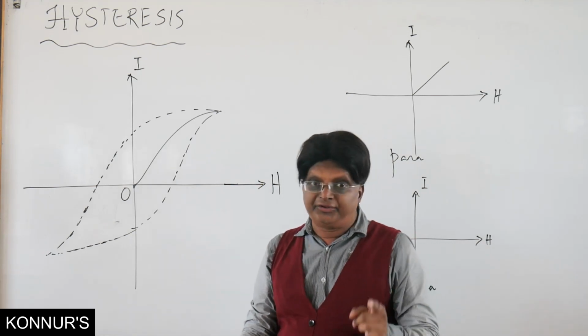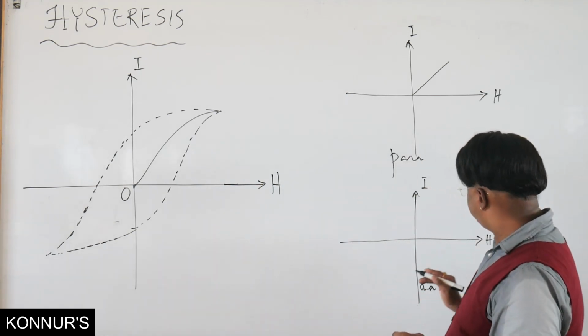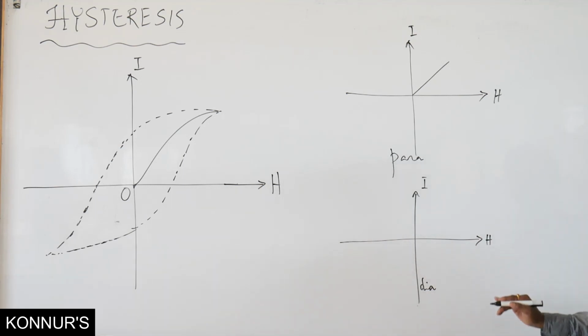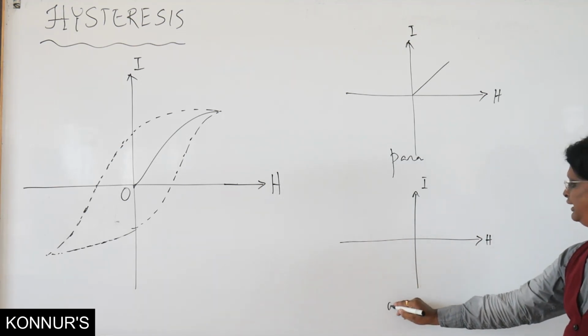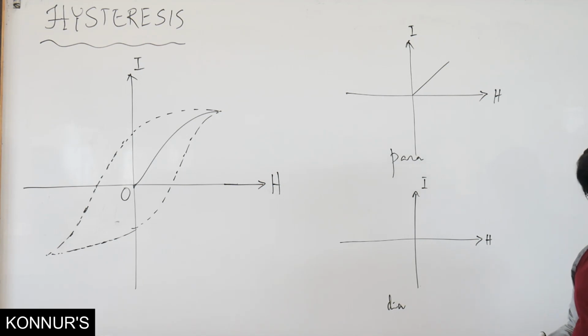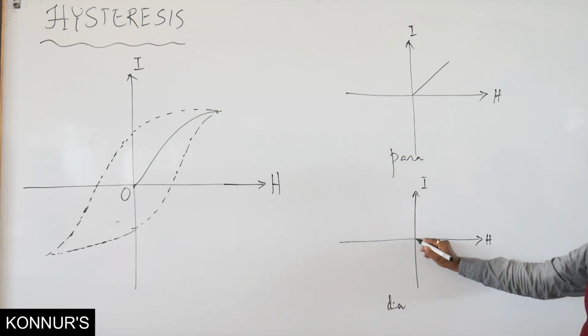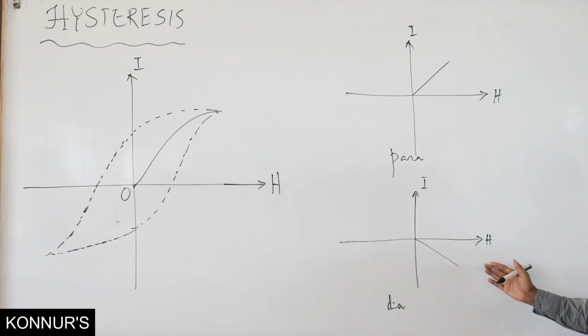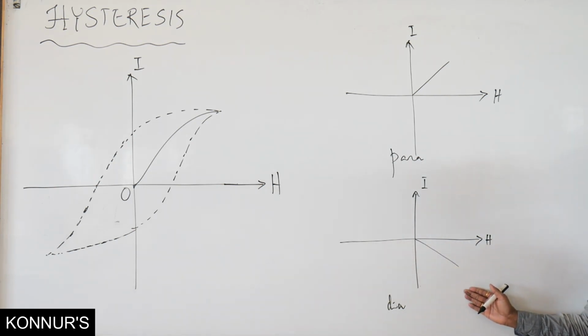That is the concept, and that is why when we are writing it for diamagnetic material, this graph is quite interesting. As I have told you, I is in a direction opposite to H bar, therefore we will take the negative I values and we write it like this. So this is the case for diamagnetic materials.